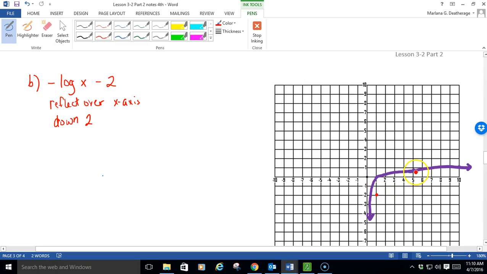Alright, if we reflected this one over the x-axis, it would be at 5, negative 0.7. So we're going to need to move it down 2. So it would be at 5, negative 2.7. And then 10, 1 reflected would be 10, negative 1, but you got to move it down 2, so it would be 10, negative 3.